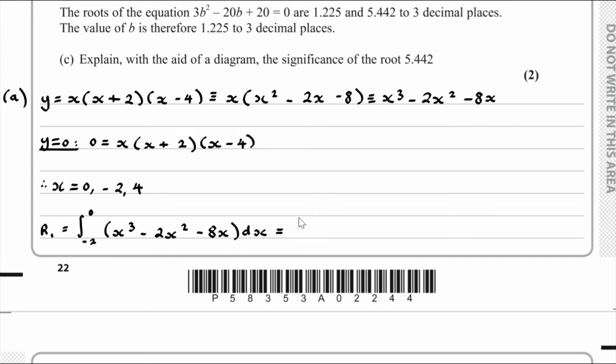So integrating this, integrating x³, we end up with 1/4 x⁴. Integrating 2x², we end up with 2/3 x³, and integrating -8x, we end up with -4x². And we wish to evaluate this between -2 and 0.